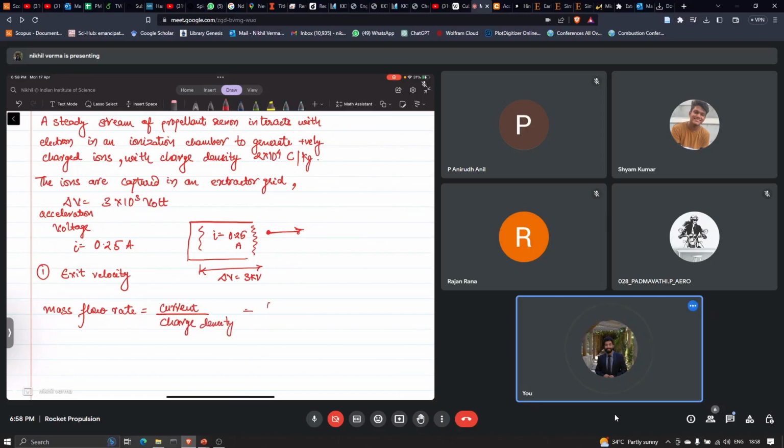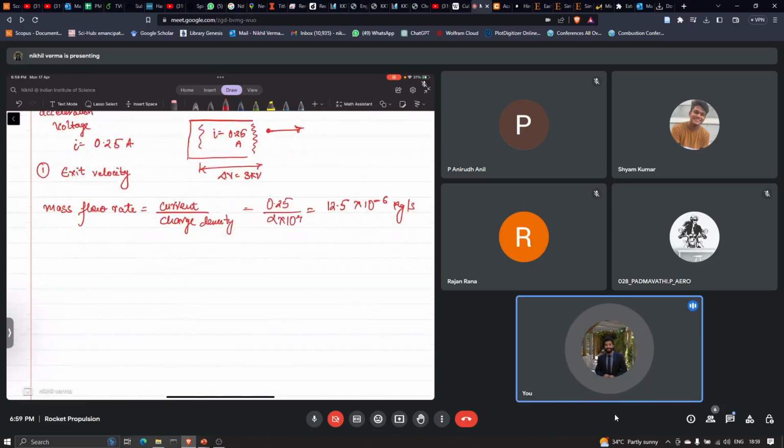This is 0.25 divided by 2 into 10 to the power 4. This is 12.5 into 10 to the power minus 6 kg per second.